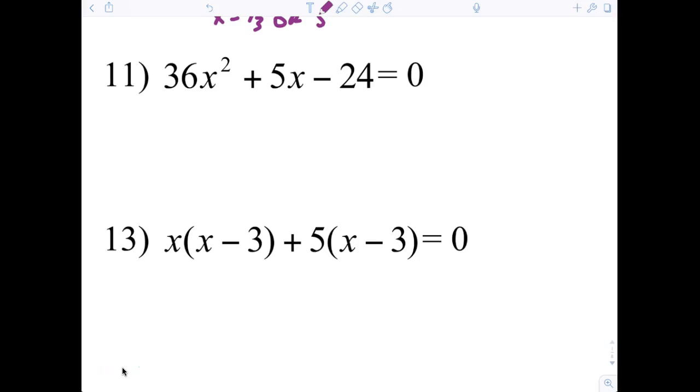Gold star. What? Good. Wow. Well, what about this one, though? Hurry up.